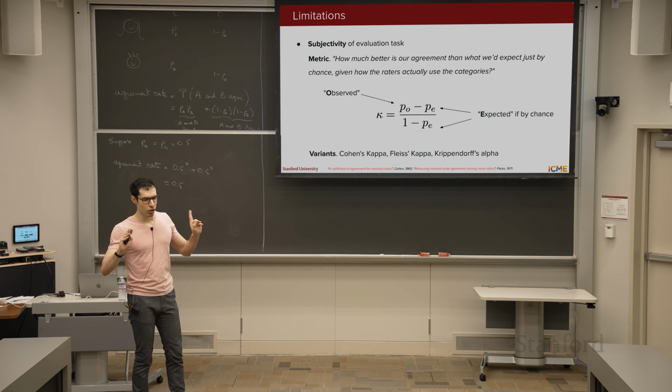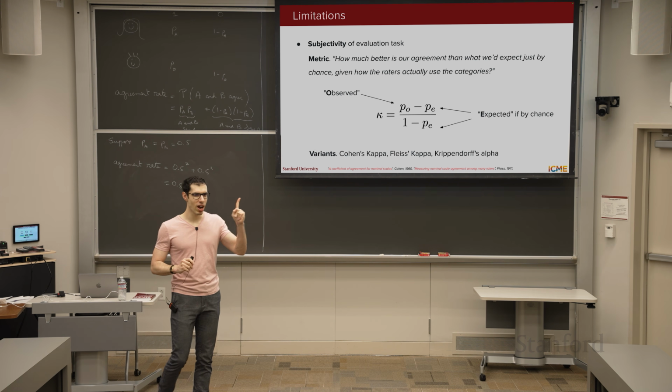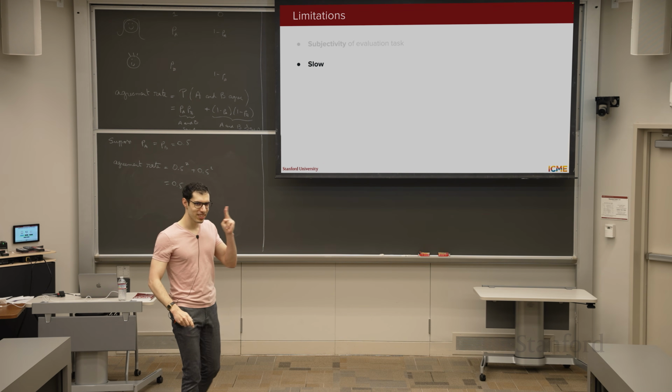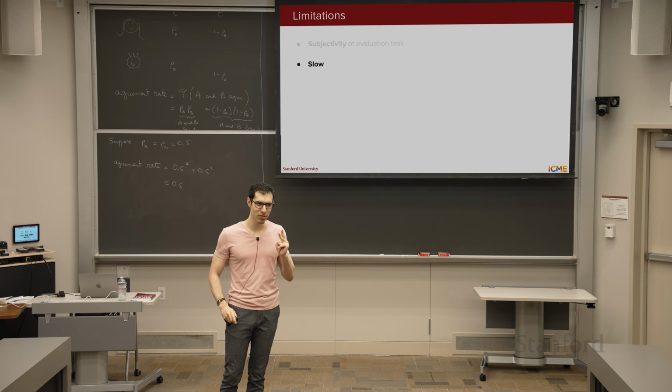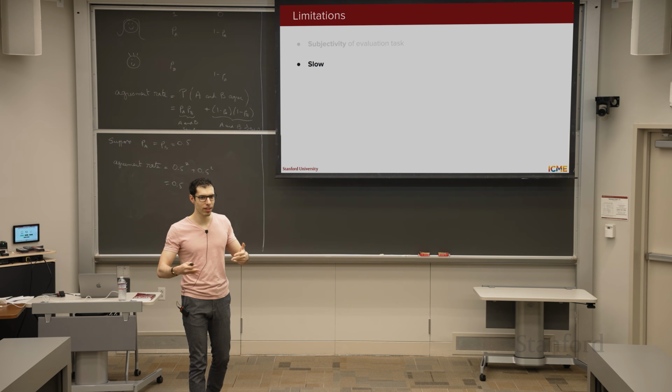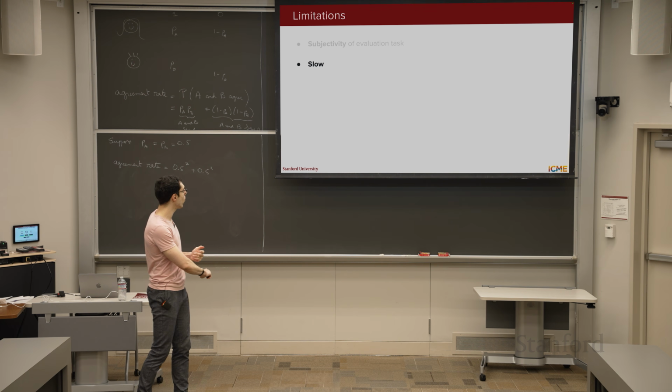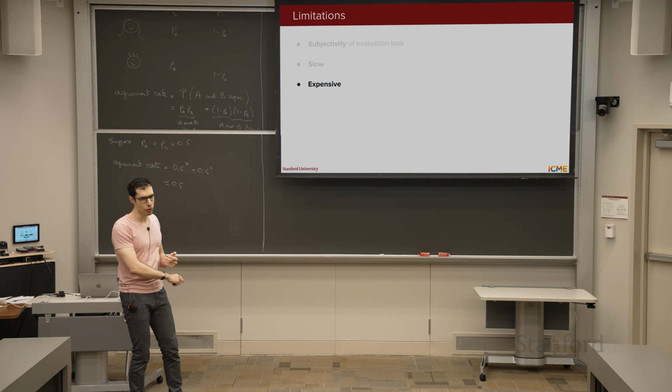So up until now, we've seen one limitation of human ratings. Well, second limitation, I think I also said this previously. It's really slow. If you ask someone to rate 1,000 LLM outputs, well, it will take them a while. And it's, of course, expensive.